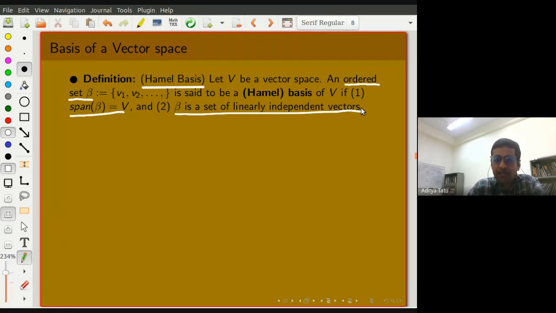So it should span as well as it should be linearly independent. Only then we get a Hamel basis, or just a basis. Is the definition understood?